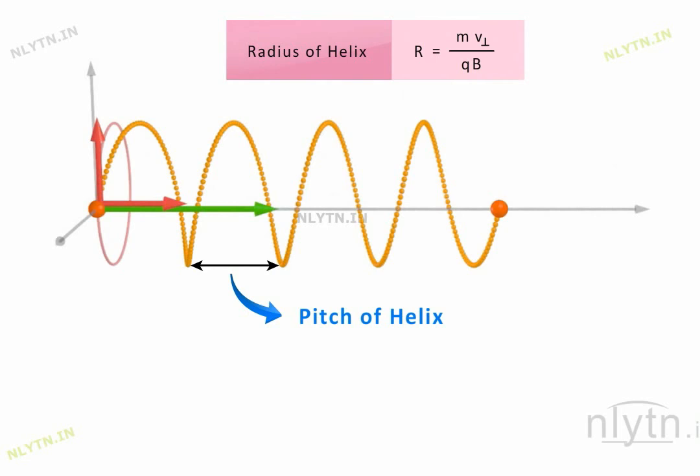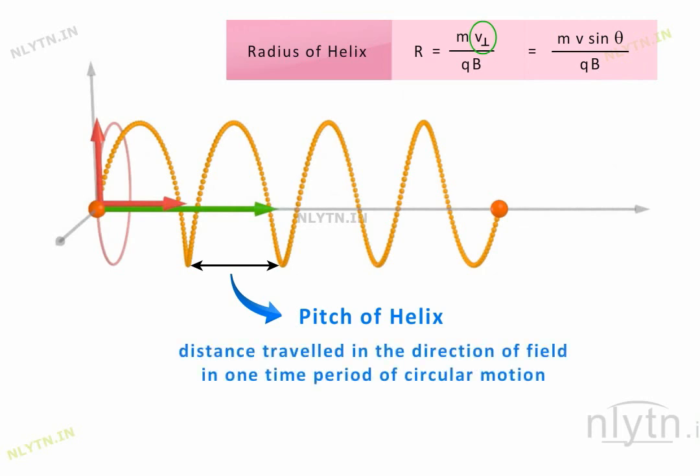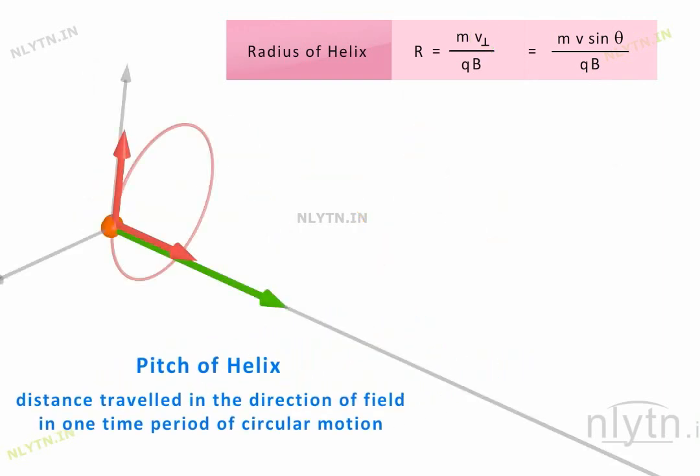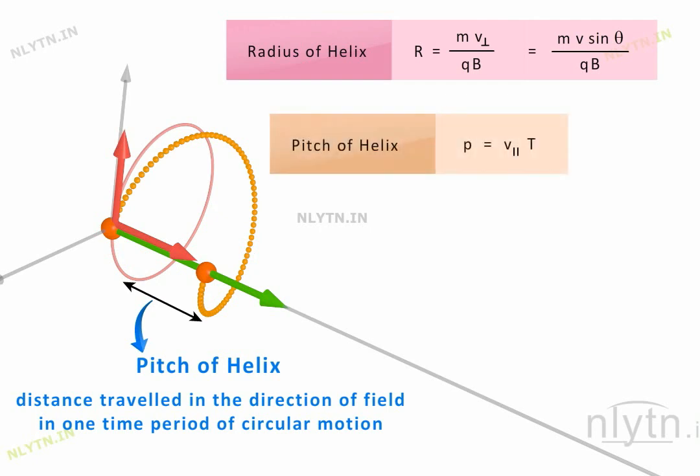Radius of circular path depends only on the perpendicular component of velocity, and pitch is equal to the distance traveled by the particle along the direction of field in one time period of circular motion. That is, it is equal to this term.